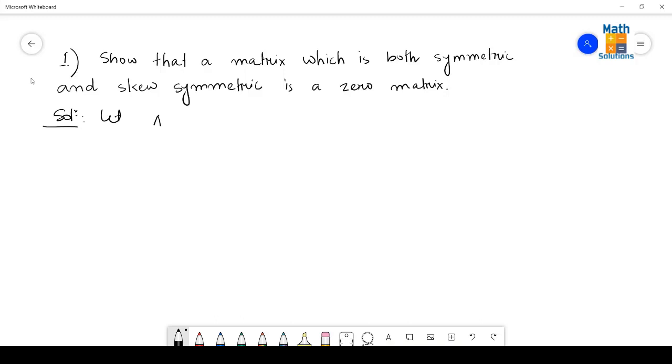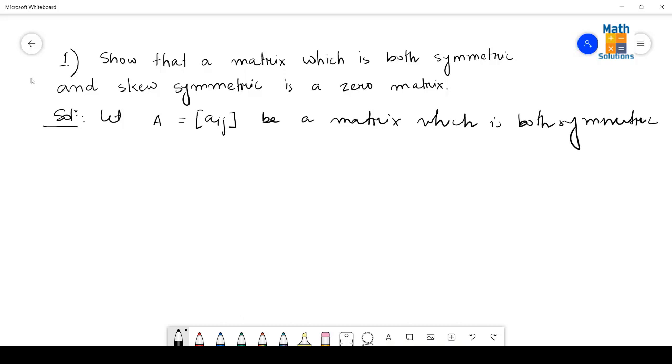Let capital A, this is matrix representation, be a matrix which is both symmetric and skew symmetric. We consider it like this only, both symmetric and skew symmetric.